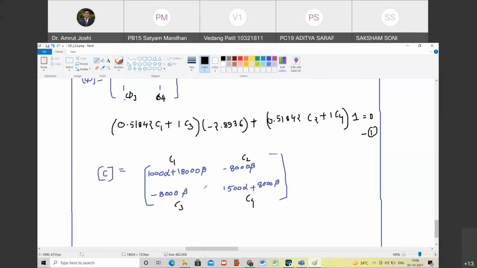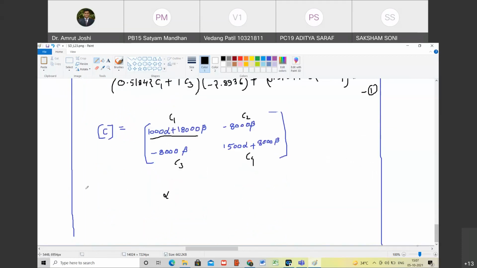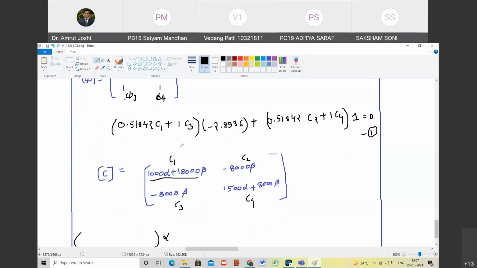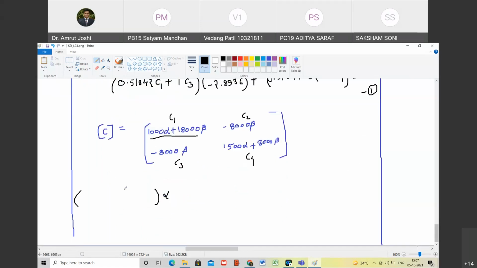So see, C1 is in this place and C3 in another place. First of all, if I substitute C1 is equal to this term in this equation, what are the coefficients of alpha and what are the coefficients of beta? In place of C1 I substituted this value. Are you with me? Yes. So C1 is 1000 alpha plus 18,000 beta. So that 1000 into 0.51842 into minus 2.8936 will be the coefficient of alpha.